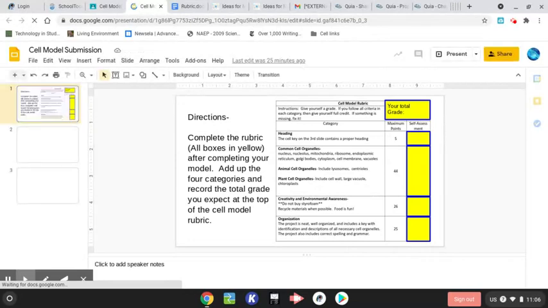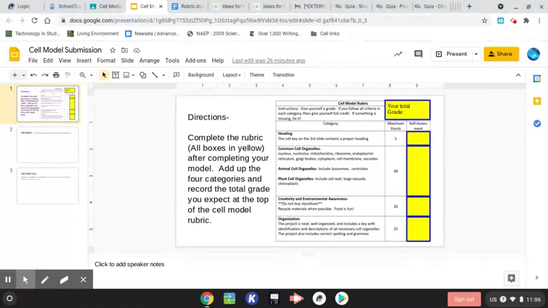I'm hoping that you meet all of the criteria for all of the categories, and you will give yourself full credit, and that your total grade at the top will be 100. If you're looking at the rubric as you're looking at your model and you're saying things like, oh my God, look, I forgot to do the key, well, then do the key and resubmit it, right? That's why the rubric's there for you. It's kind of like a checklist for you to make sure you meet all the criteria.